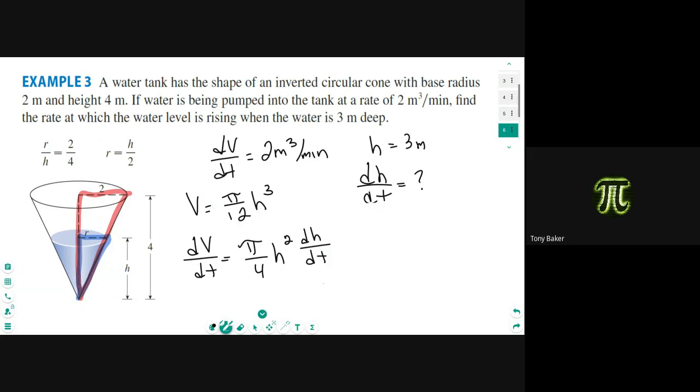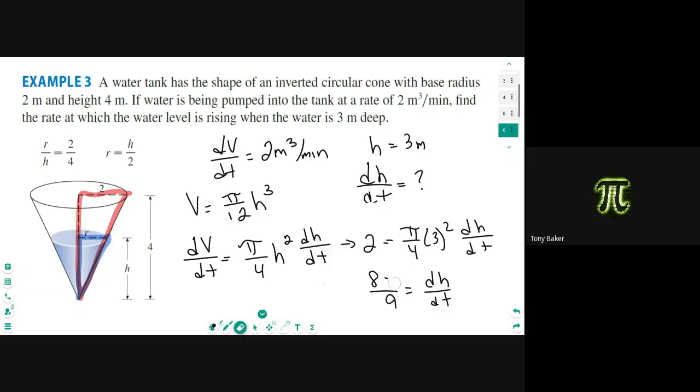All right, let's plug in everything we know. So 2 equals pi over 4 times 9. So I have 9 pi over 4. So I have 8 pi over 9 equals dh dt. Oh, not 8 pi.